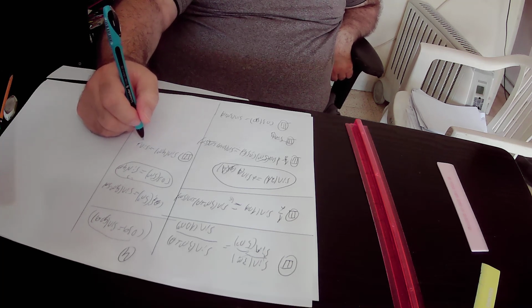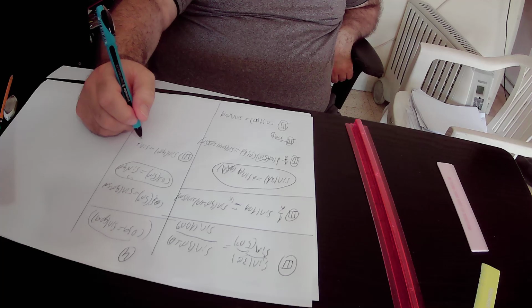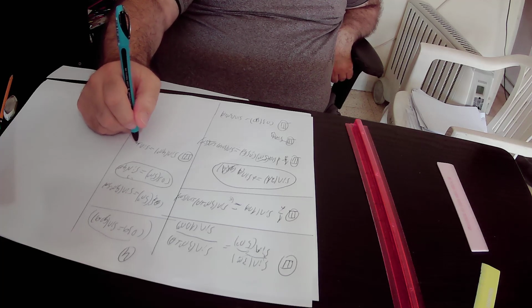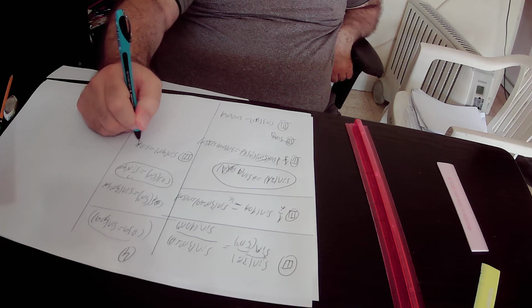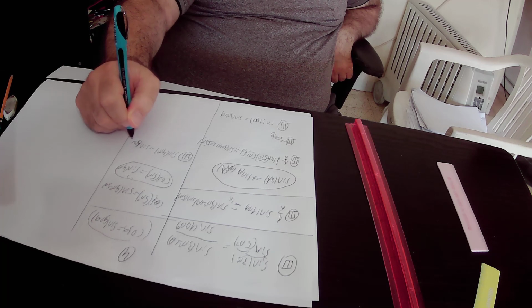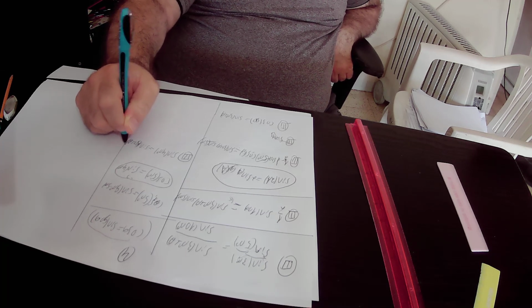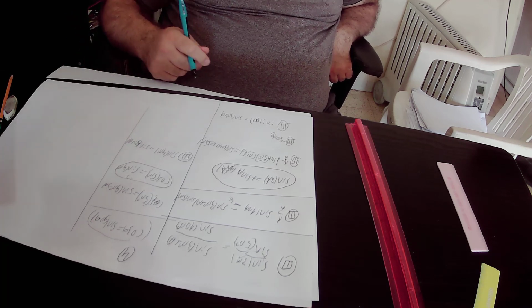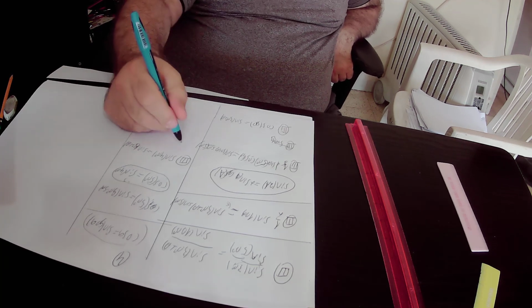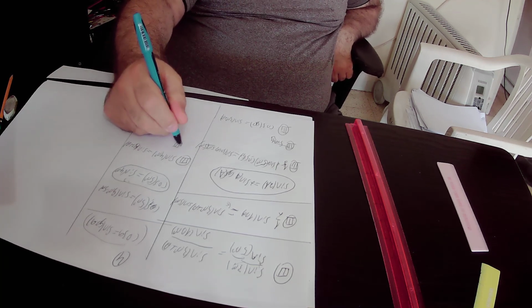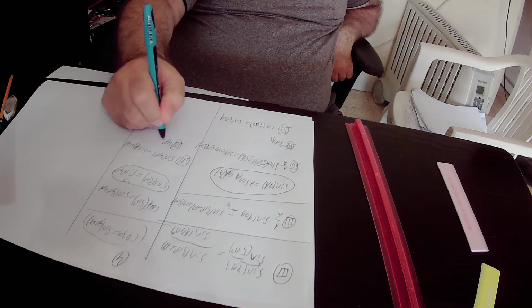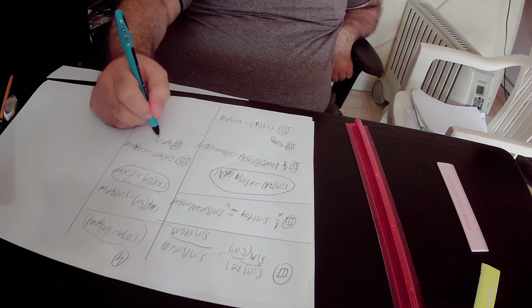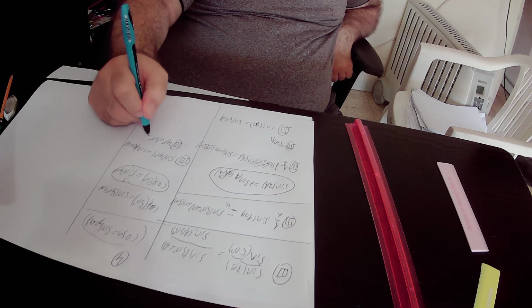Again, sine 40 degrees equals sine of 30 degrees plus alpha plus theta. Sine 40 degrees equals sine 30 degrees plus alpha means that 40 degrees equals 30 degrees plus alpha plus theta.